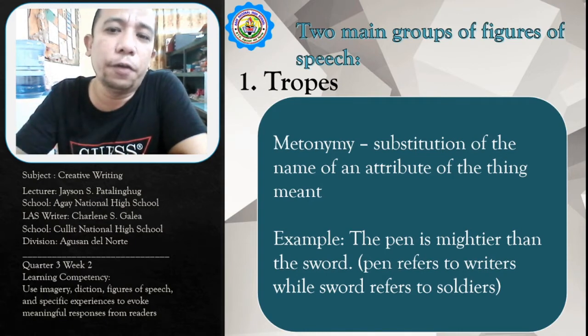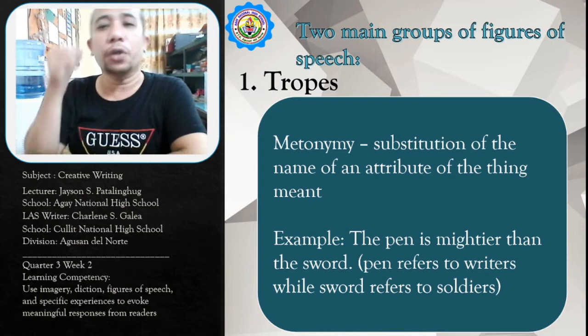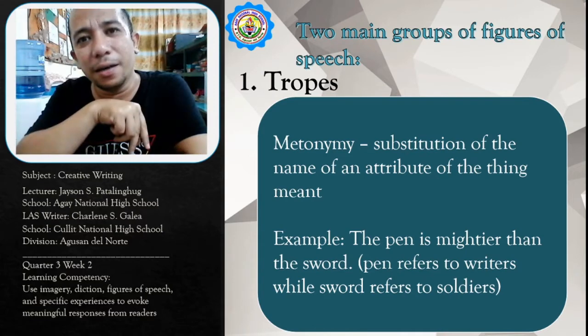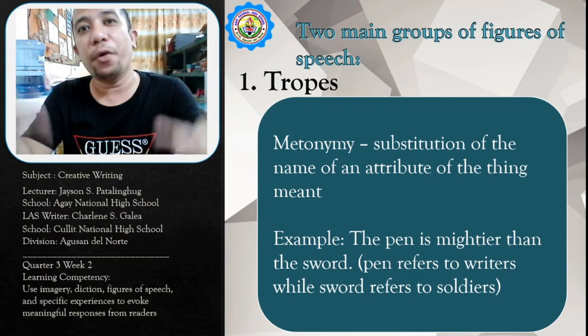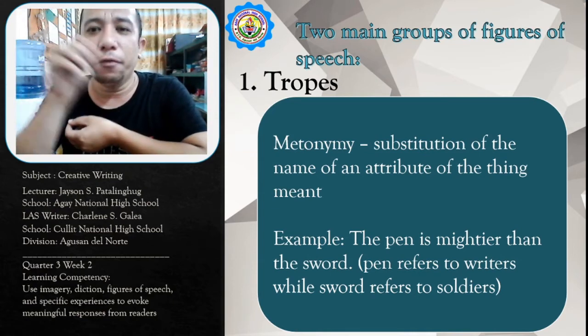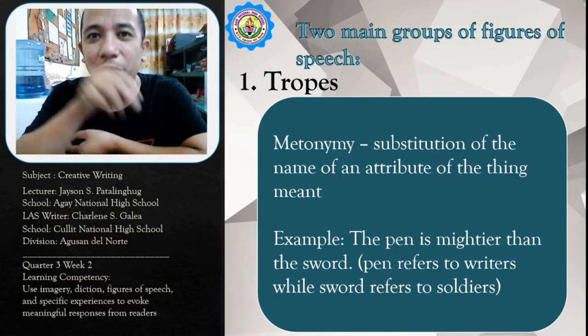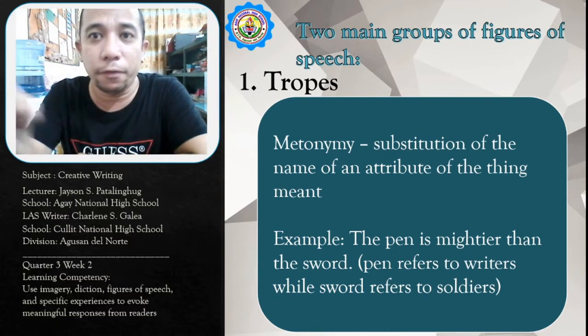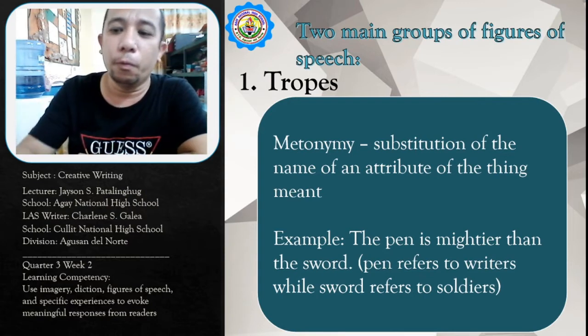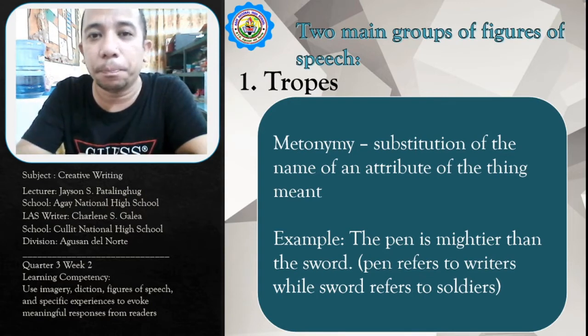So instead of saying writers are better than soldiers, you replace them with other objects. You substitute pen for the writer and sword for soldiers. So that's what we call metonymy.